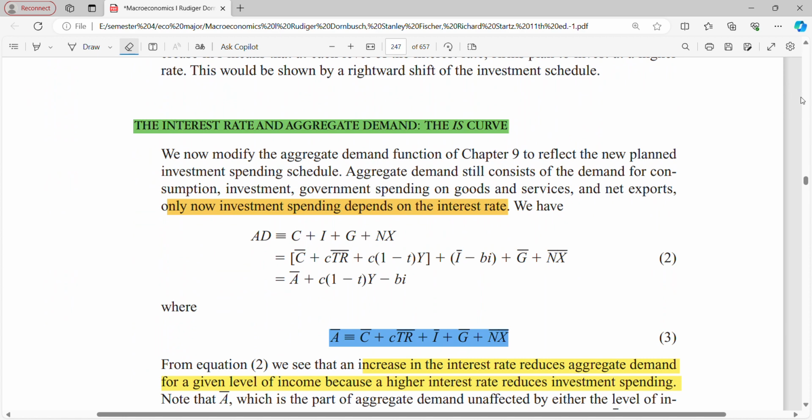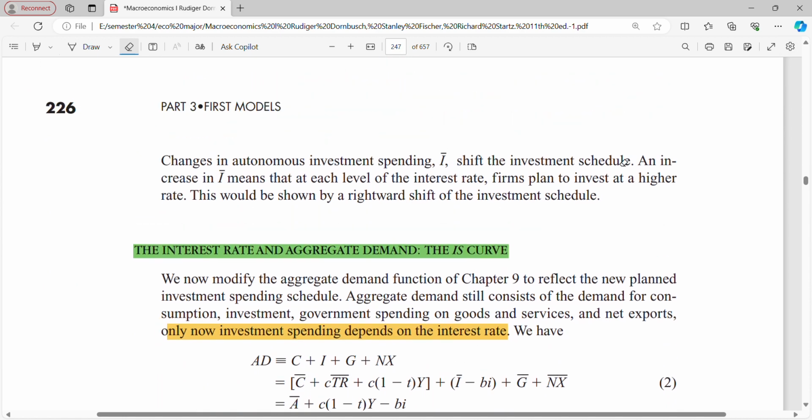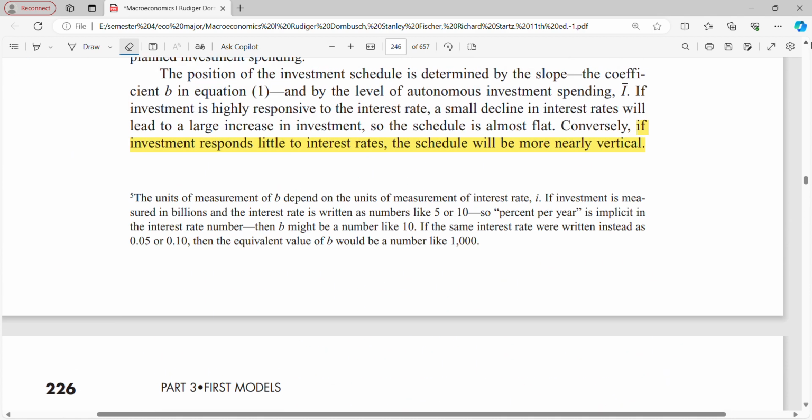Just read this paragraph. It's about what we have discussed now, how this B affects our curves.